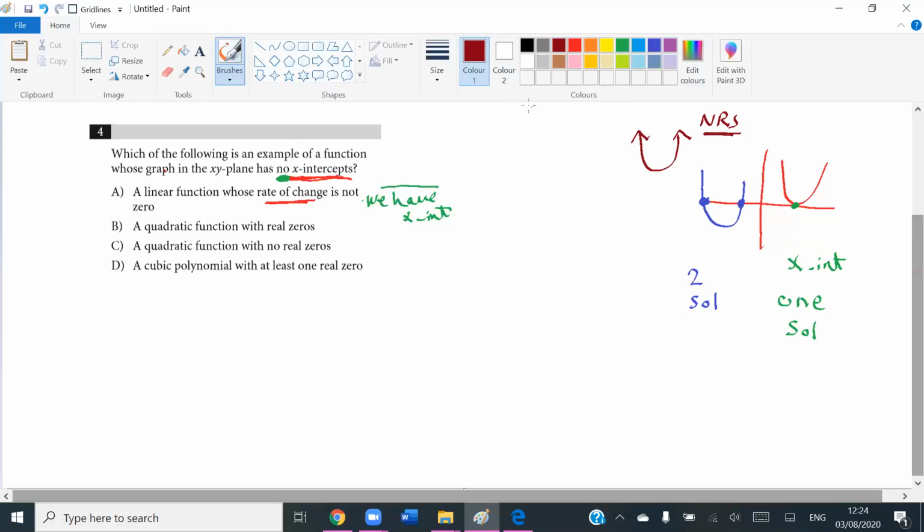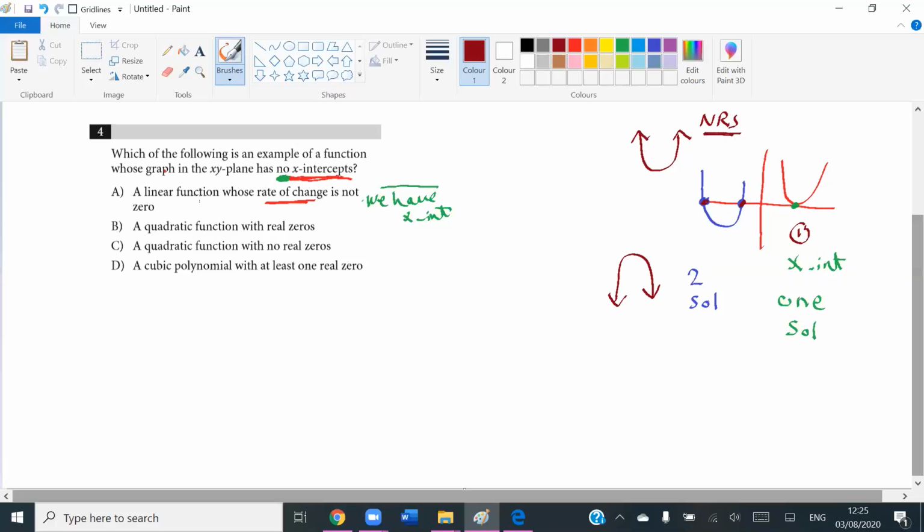So the parabola has 3 cases. Case number 1, one solution if the parabola is touching the x-axis. We have 2 solutions if the parabola intersects the x-axis in 2 points, as you can see. We don't have any real solution if the parabola is outside like this, or maybe downward like this. In these 2 cases, we don't have any intersection with the x-axis. So it's no real solution.